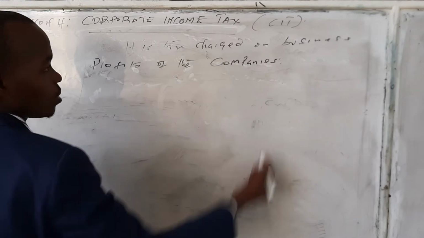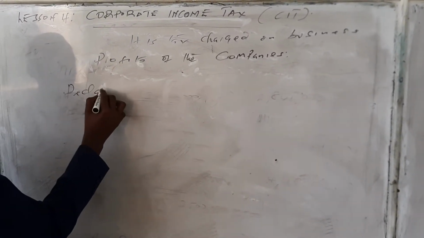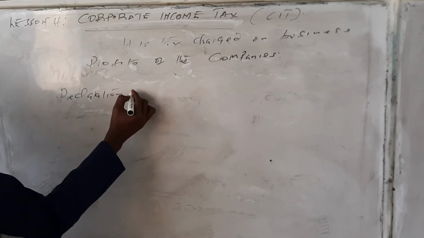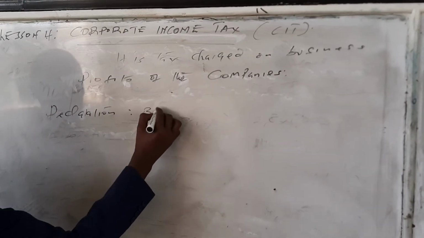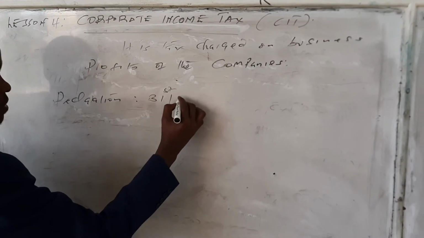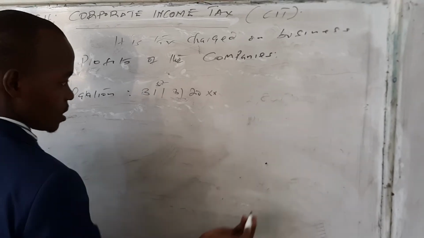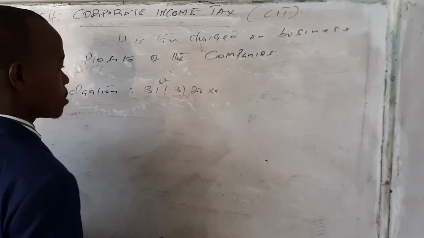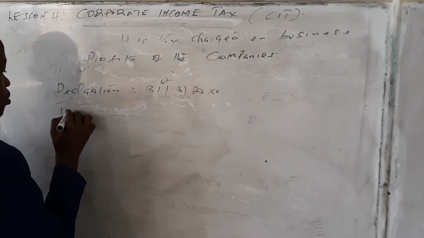Therefore, from here we need to look at the declaration period. The declaration payment here is always 31st of March of the next tax period, and we need to see the tax period here.